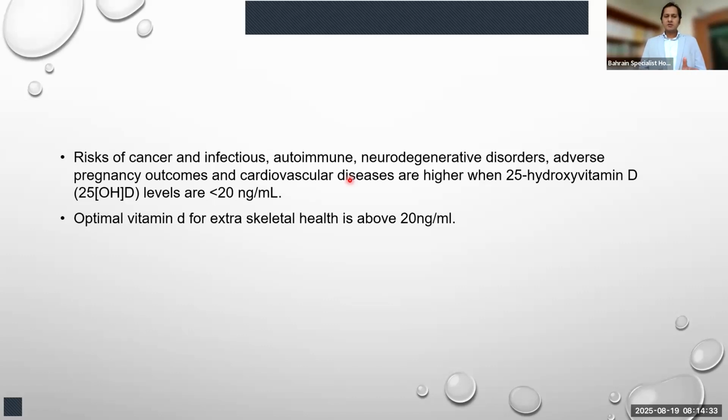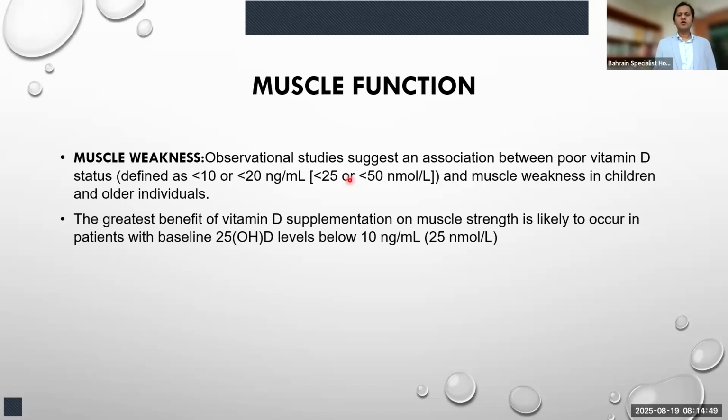These studies showed that if a person has vitamin D in the insufficient range, the chances are not there, but when a person has vitamin D in the deficiency phase, then the chances of getting these are more.